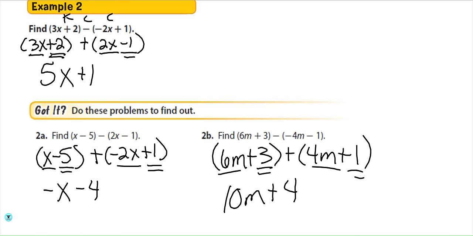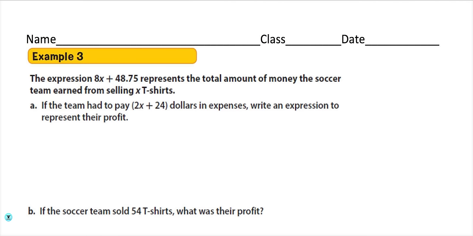All right, let's go ahead and turn the page. All right, example 3 says, the expression 8x plus 48.75 represents the total amount of money the soccer team earned from selling x t-shirts. Part A, if the team had to pay the quantity of 2x plus $24 in expenses, write an expression to represent their profit.